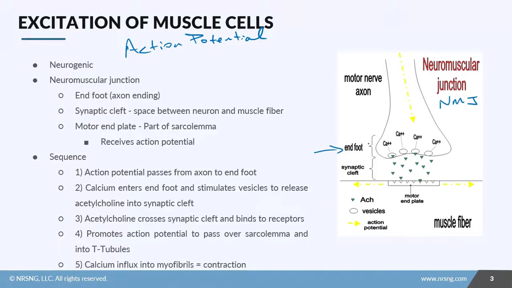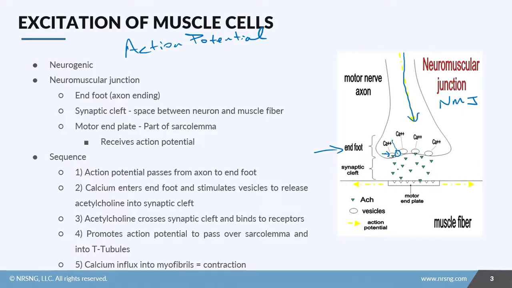So this is how it happens. You get your action potential that comes down the nerve, and it hits this infoot where you have an influx of calcium. This calcium enters the infoot and stimulates vesicles, and the vesicles stimulate the release of acetylcholine into the synaptic cleft. They move down this way and attach, and then they release the acetylcholine across the synaptic cleft.